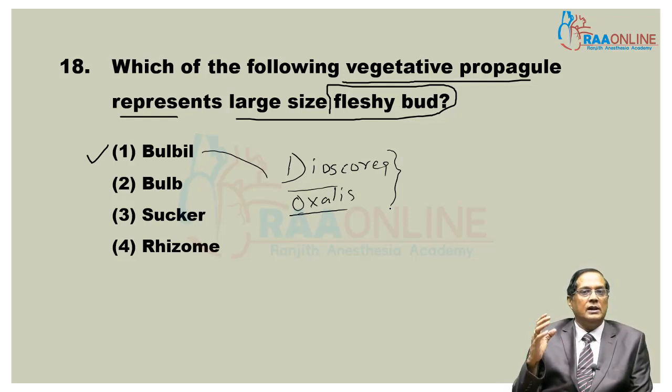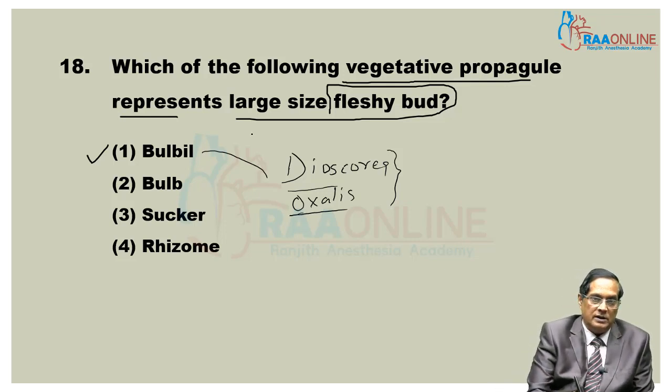What is perennation? Under adverse conditions, this structure remains dormant and uses its stored food for survival. It germinates only when conditions are favorable. That's why bulbil is the correct answer. It's meant for perennation and reproduction.